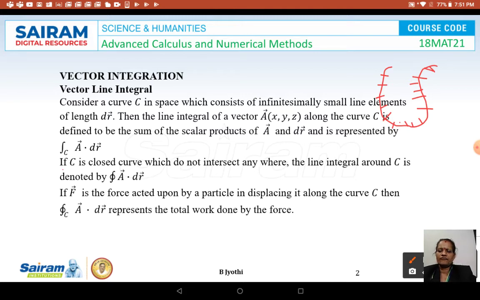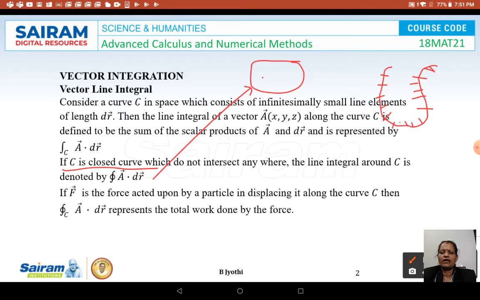Whereas if it is a closed curve, it can be a loop like this. It can be a circle or a rectangle or a square of this type. So the line integral around C is denoted by this, and for this type, it will be denoted in this manner.